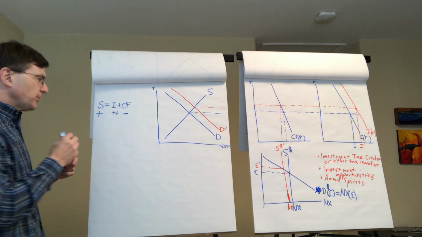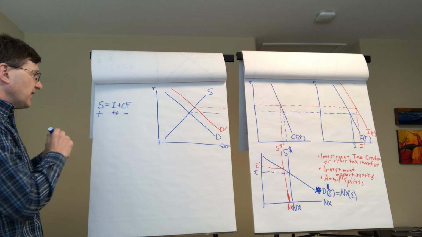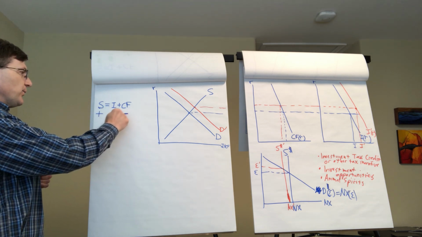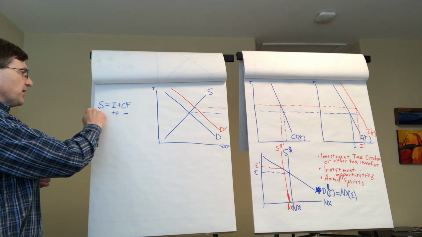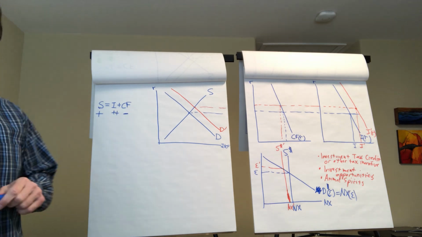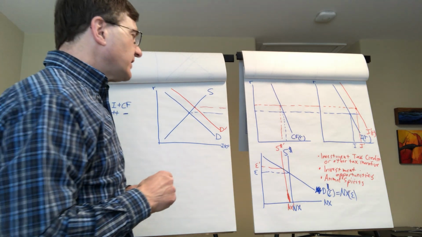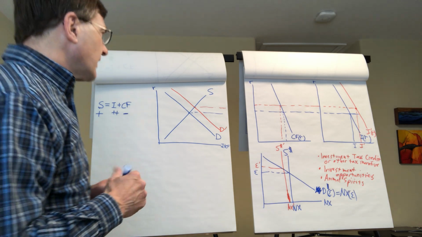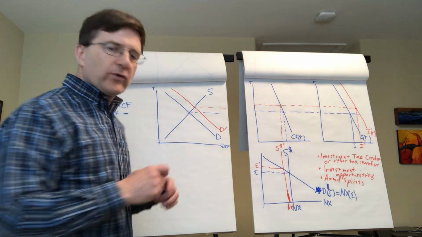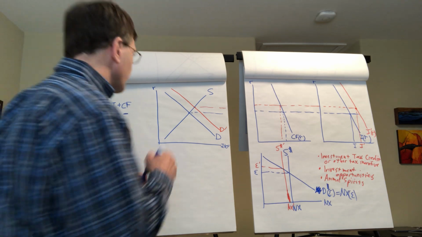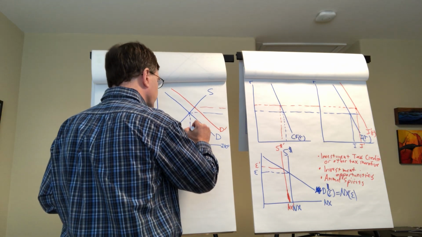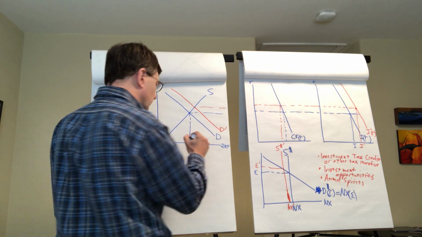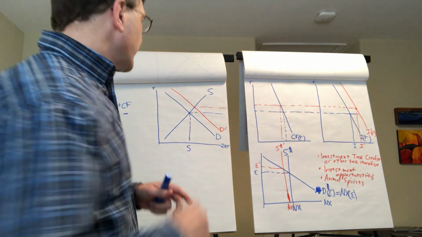I'll even put a double plus there, because given that minus, it's got to be a bigger plus than for the saving. So indeed, the quantity of investment goes up. And of course, I guess I can draw it more carefully, but hopefully you were able to see that the quantity of saving went up here.